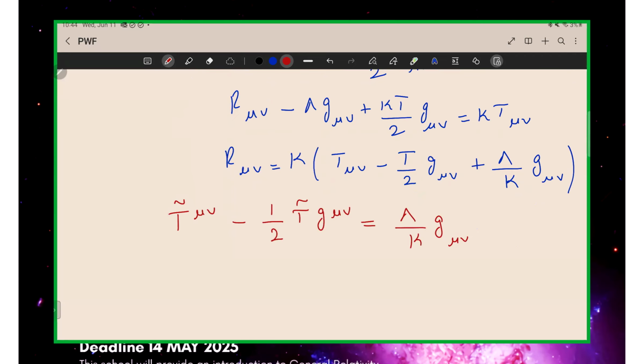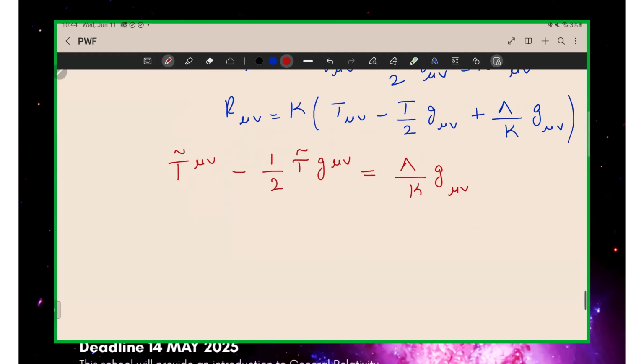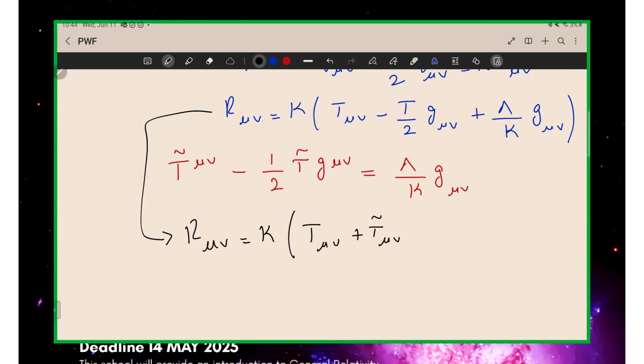Because if there is such a stress tensor, then you can write down this equation as follows. Kappa times T mu nu plus T tilde mu nu, minus T plus T tilde over 2 g mu nu, because I wrote down this thing as this thing.